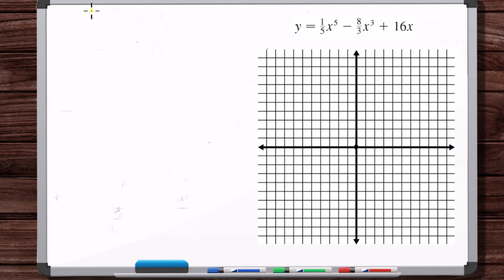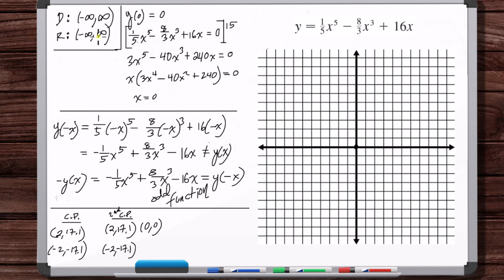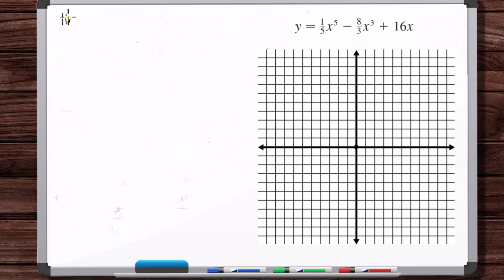Okay. Now let's analyze the endpoint behavior. What we do here is we take the limit as x approaches each of the domain endpoints. In this case, the endpoints are infinity. So what is the limit as x approaches infinity of y? Infinity to the 5th times 1/5, that's infinity. We could evaluate this limit, but it's going to take too long once they get more complicated. Let's just use our calculator. We already know how to take limits. This isn't a video on taking limits.